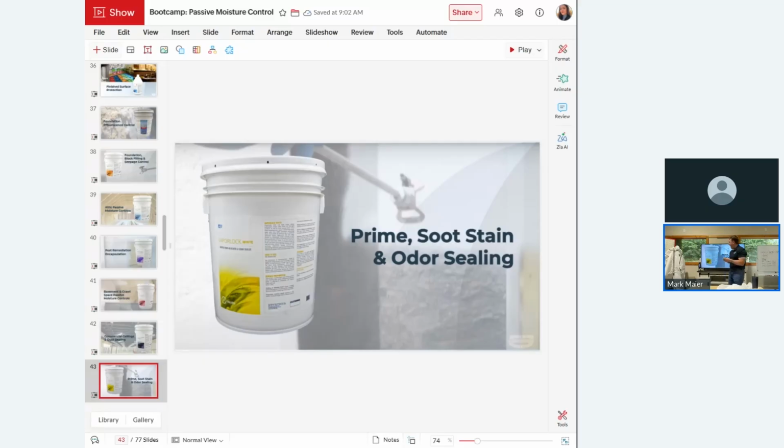Okay. So that's Vapor Lock White. It makes it white too, right? It primes surfaces and things like that. So if you're going to paint over it, you can do that. But then you get into clear odor sealing. So let's take an example of you don't have soot, alligatoring, anything like that that's damaged the surface. You just have a clean surface that's impacted by odor.